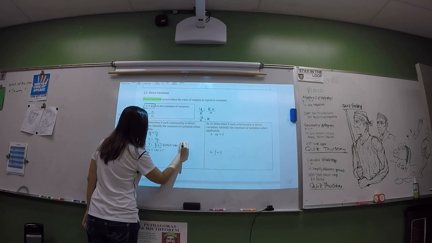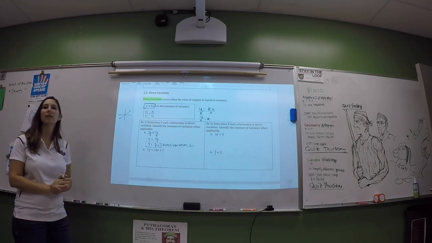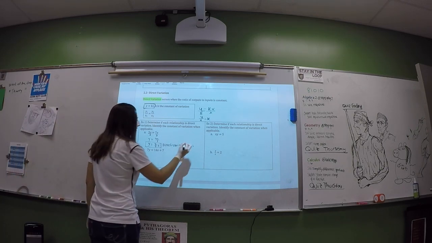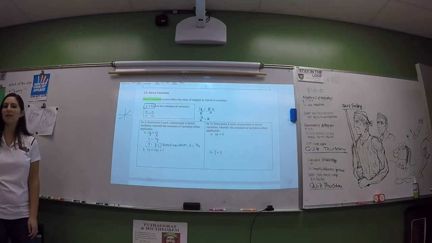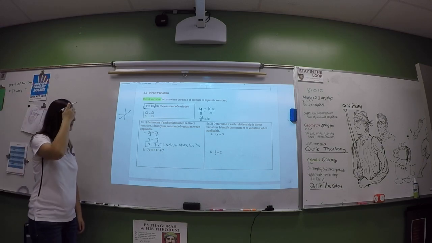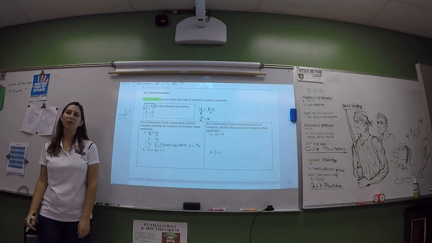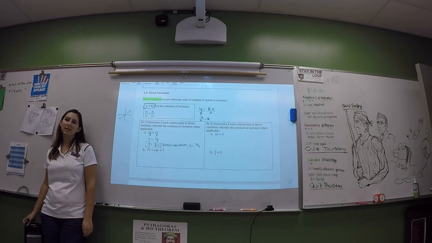If this is direct variation, what's k? 7 over 3. So the constant multiplying your x, that's your k. I don't know why we spell constant with a k, but it's used all over the place in math. K for constant. We use c for other things, so I guess we're trying not to get confused.